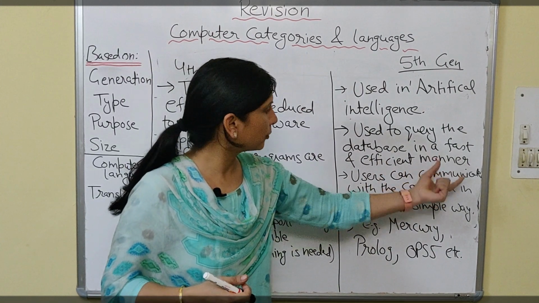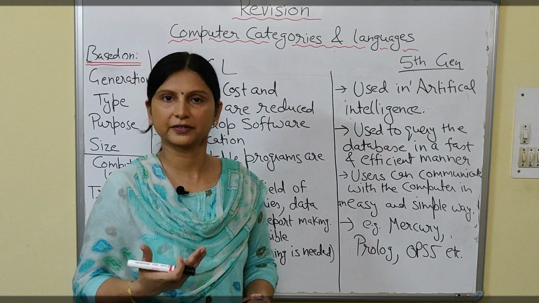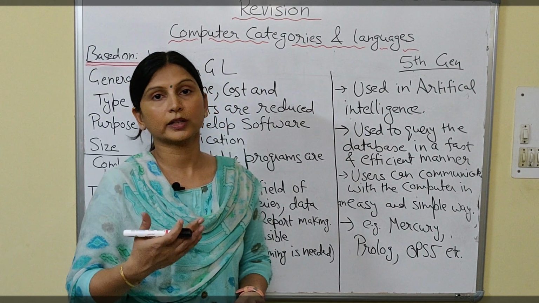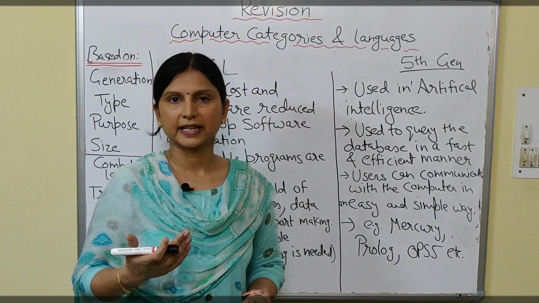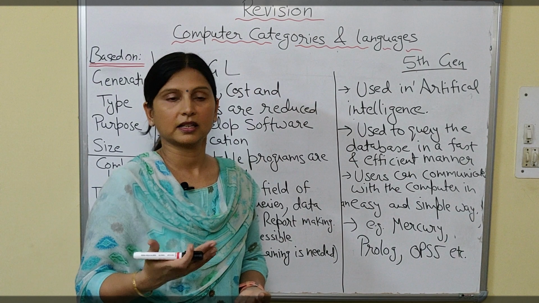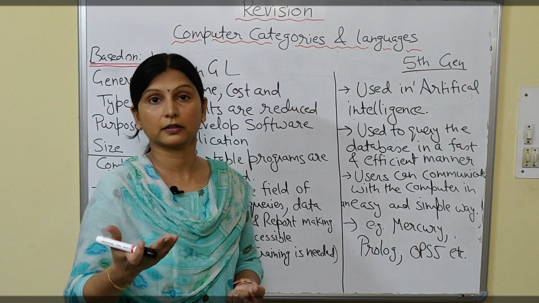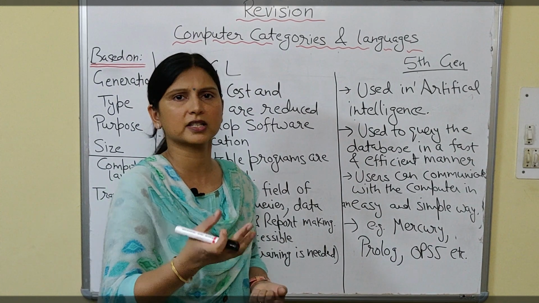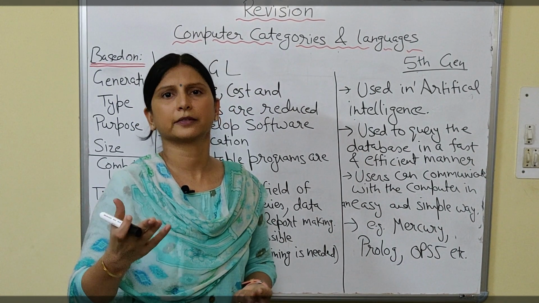Now users can communicate with the computer in an easy and simple way. Obviously, if artificial intelligence is there, you can communicate with the computer very easily. Like you might have heard of Alexa, Amazon's Alexa. How do you instruct Alexa? Alexa, play this song. Or if you want to find some information, you just instruct Alexa, what is the meaning of information technology, whatever.